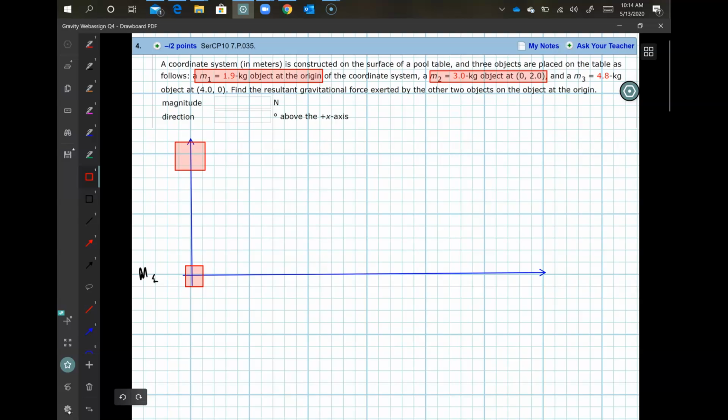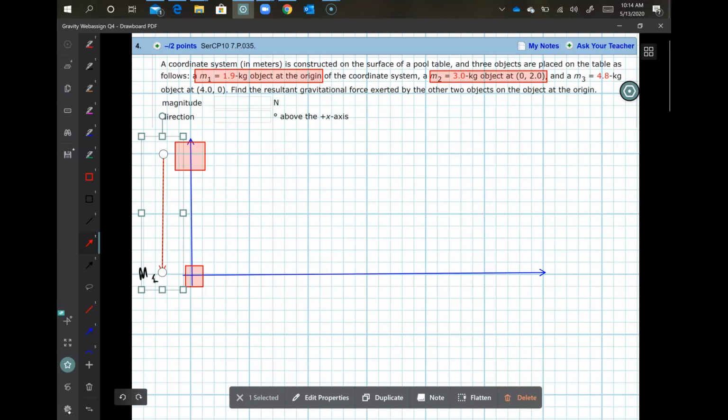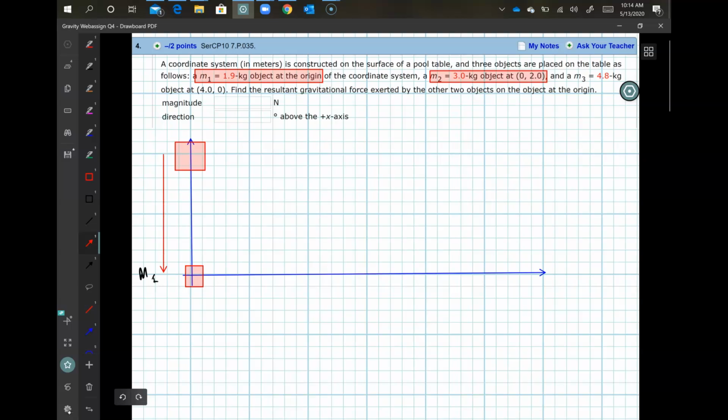And clearly this distance here must be 2, seeing as it is at that coordinate point. So that there is 2 meters.